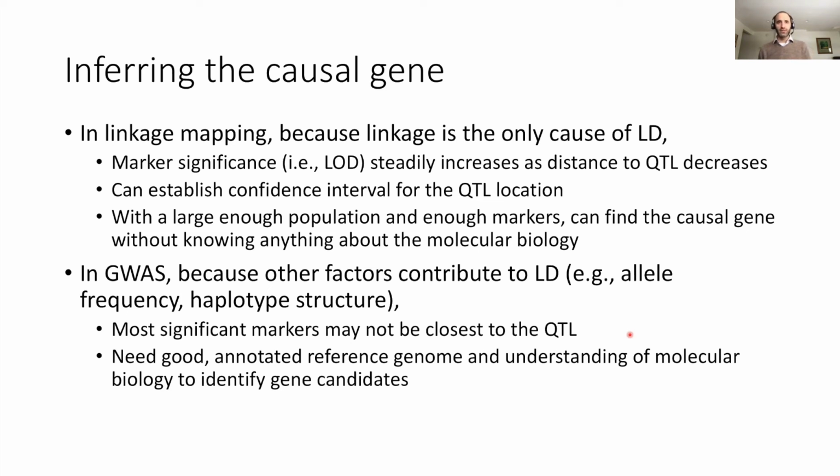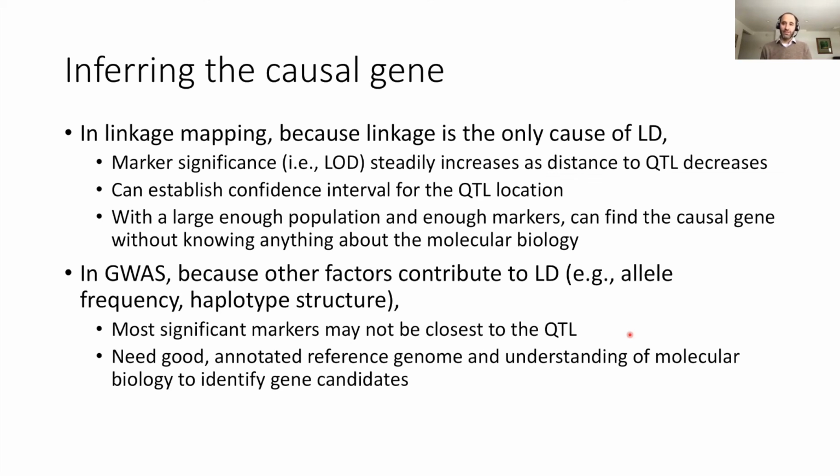In a GWAS, other factors besides linkage or proximity between the marker and the QTL contribute to LD, such as allele frequency differences, differences in evolutionary history, or what you might sometimes call haplotype structure. As a result, the most significant markers in your analysis may not be the ones closest to the QTL.